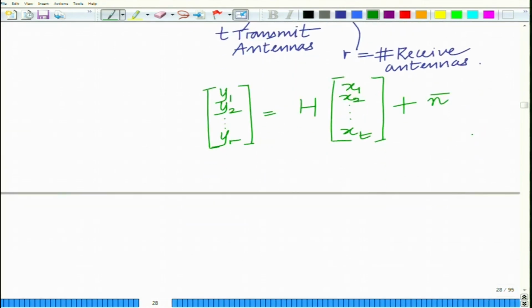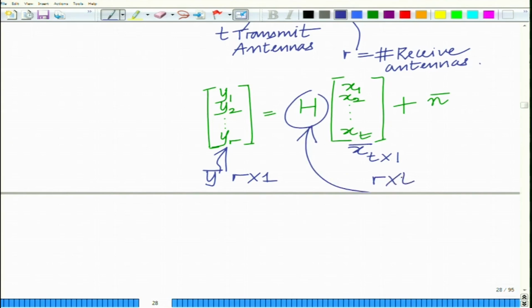Now as you can see, this is y bar which has R symbols, that is an R cross 1 vector. This is x bar which is T cross 1, that is it has T symbols because you have T transmit antennas. Naturally you have R dimensional output, T dimensional input.